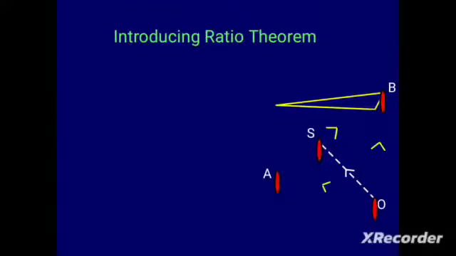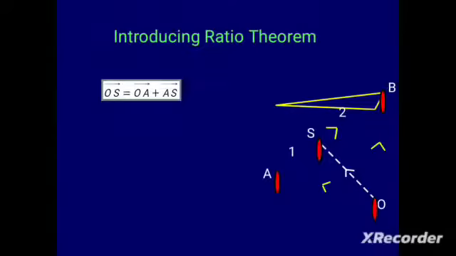Like I said, it is a triangle whereby its parts are not completely drawn. So we have AS is 1 and we have SB is 2. So meaning AB is of length 3.